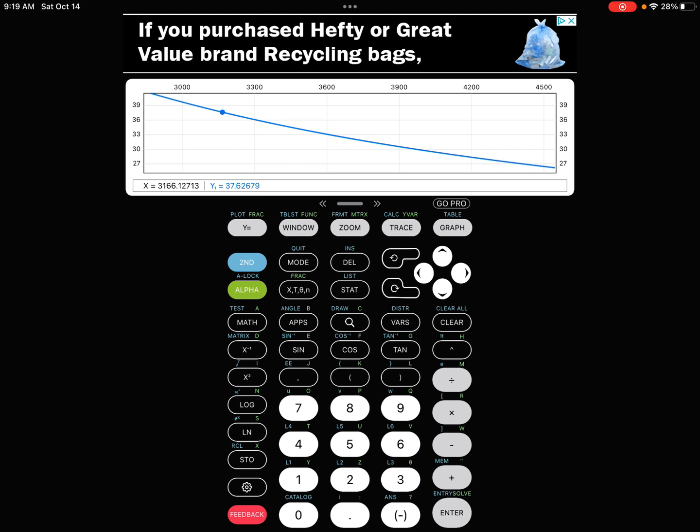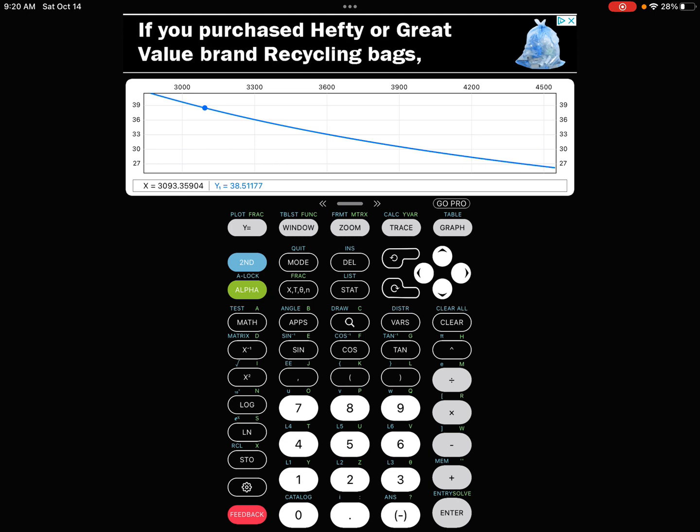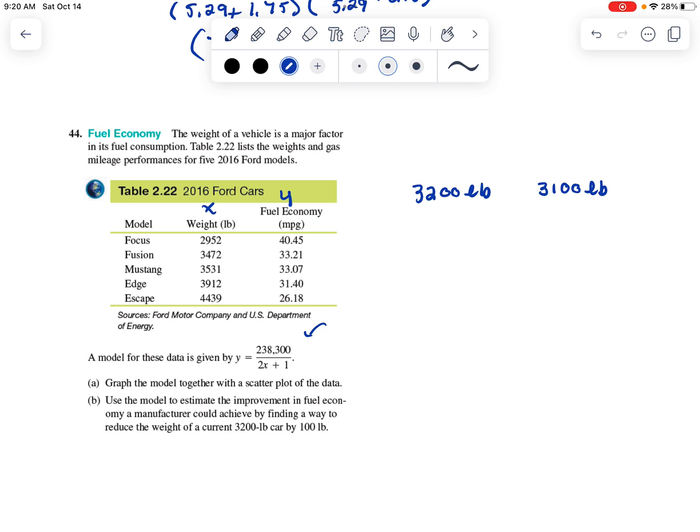And if we go to 3,100, we get it to be about 38.5 for my gas mileage. Well, 3,200 was about 37.2 miles per gallon. 3,100 was about 38.5 miles per gallon.